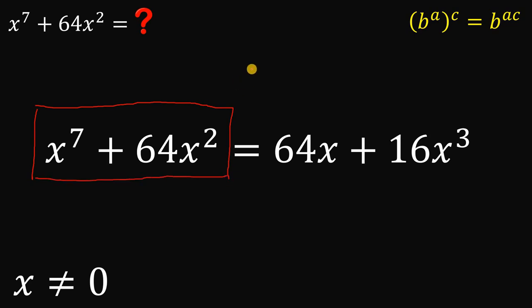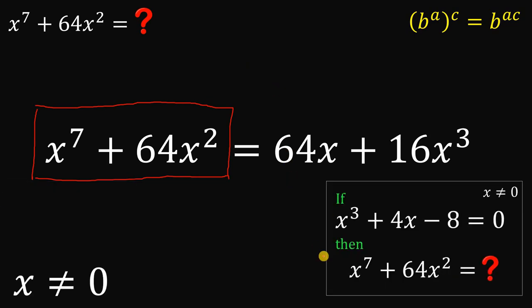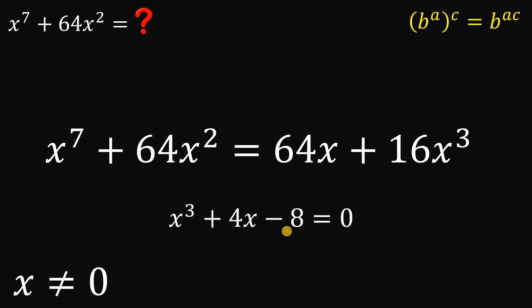Alright, so what's next? Take note that our original given starts with x cubed plus 4x minus 8 equals 0. Now, if we isolate, x cubed plus 4x is equal to 8.